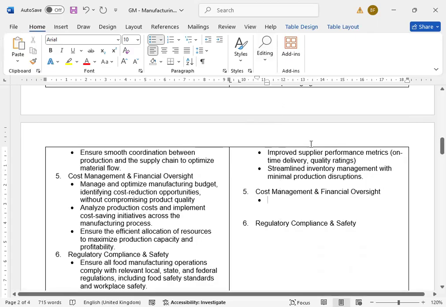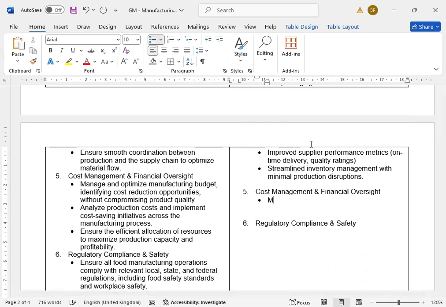So for number 5, cost management and financial oversight, I would say meeting and exceeding budgeted cost per unit targets.